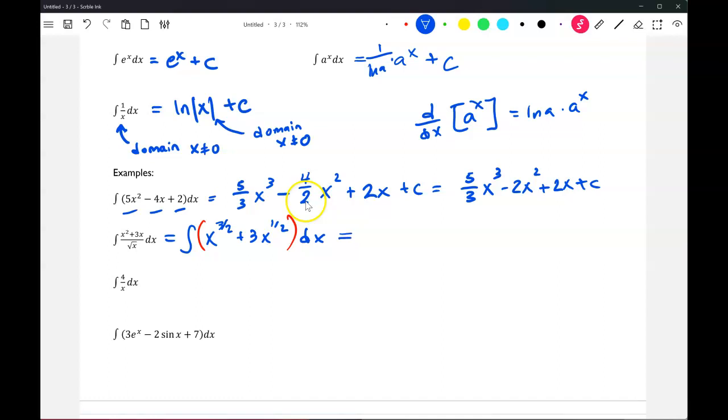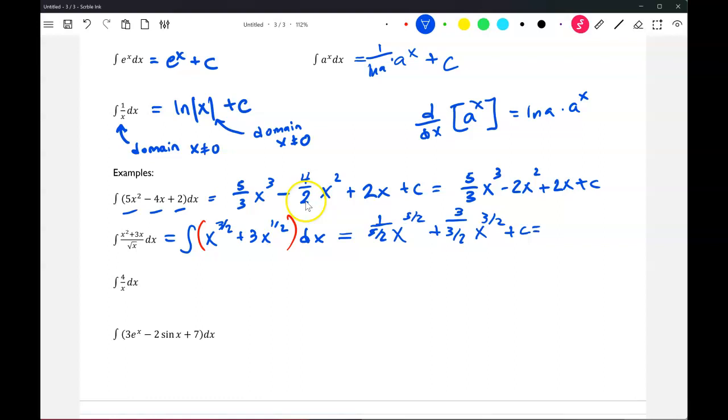All right, when we look at x to the 3/2, when we go up for our exponents, that's going to go up to 5/2, and then we're going to have a 1 over 5/2, which we can simplify. Out front for our constant, we have our plus, and then x to the 1/2 power, we're going to go up a power to x to the 3/2, and we need to take our 3 and divide by that exponent, and we can't forget our plus c.